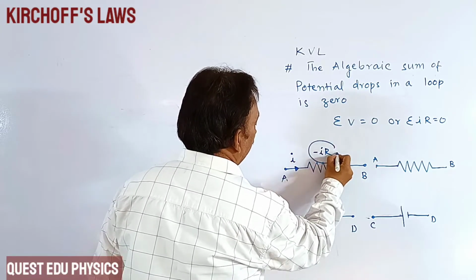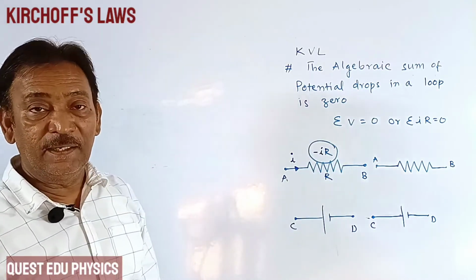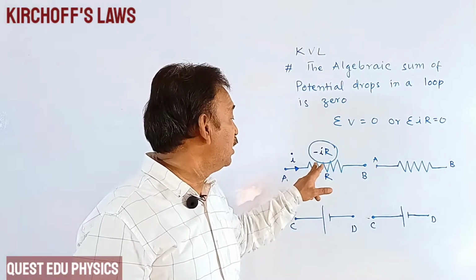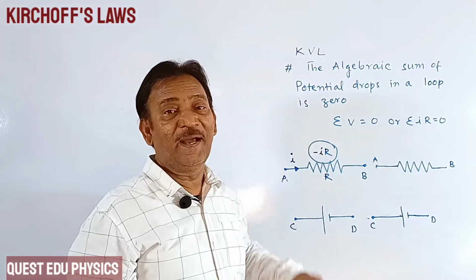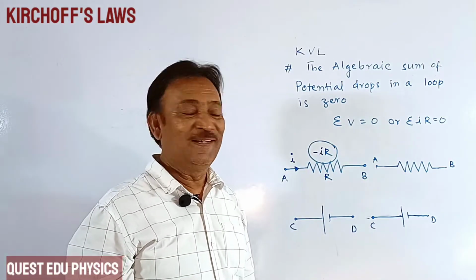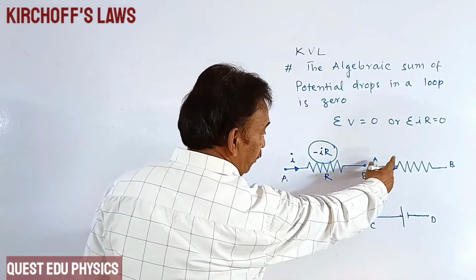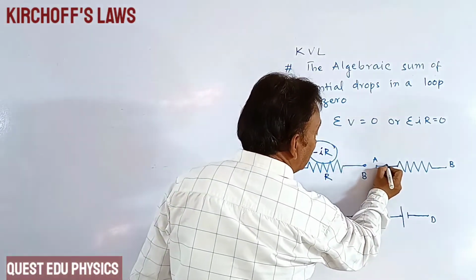Remember this. When you are crossing a resistor in the direction of the current, the potential drop would be minus I R. It's the direction of the current.